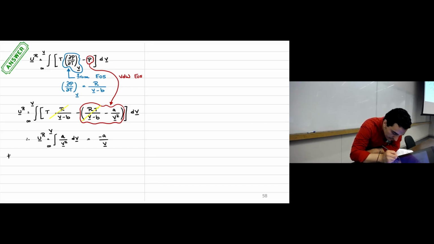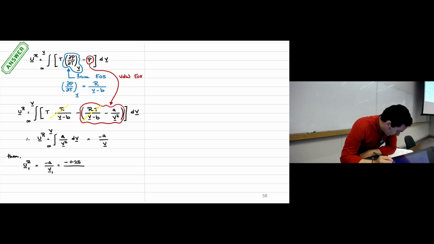Then we can say residual property 1 will be minus a over V1. So this one will be minus 0.25 divided by V1, 0.00242.